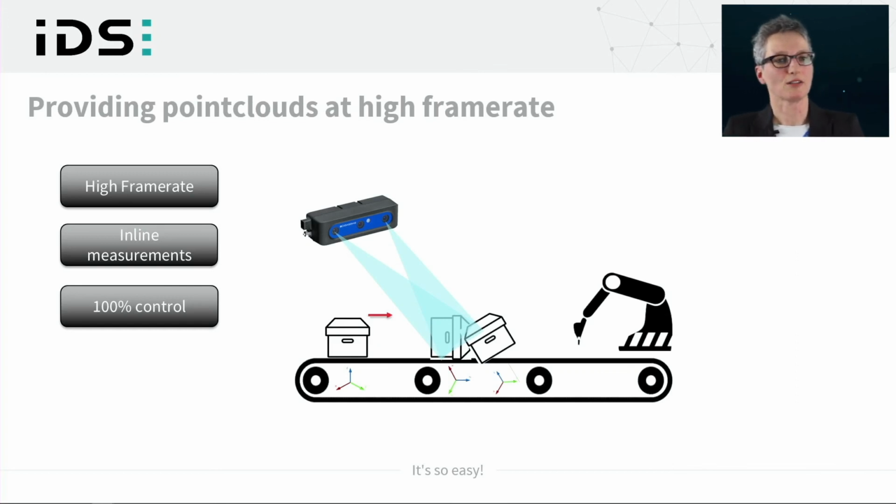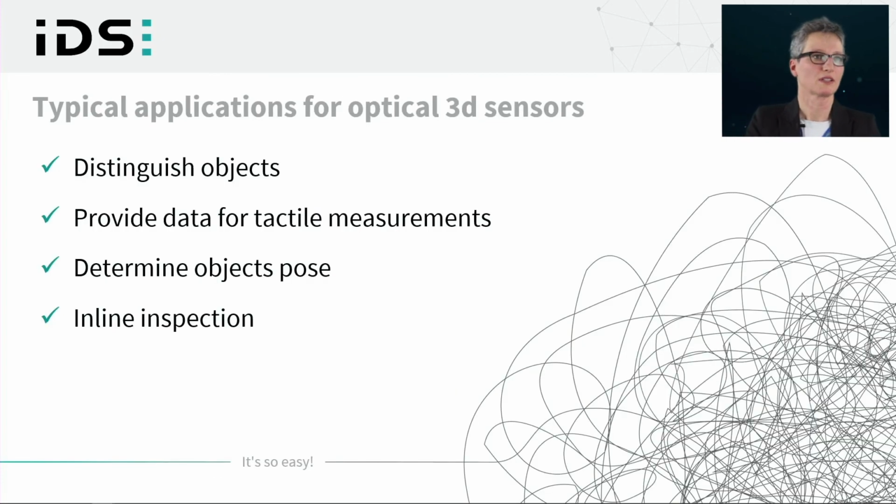So I will summarize with an overview of typical applications for optical 3D sensors. You can use optical 3D sensors for distinguishing different objects that are thrown together in one box. If you want to separate them, you can provide data for tactile measurements.